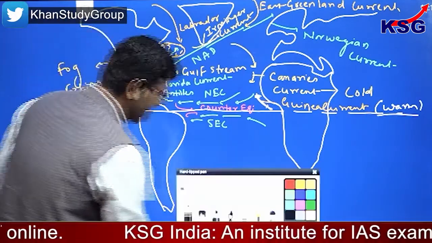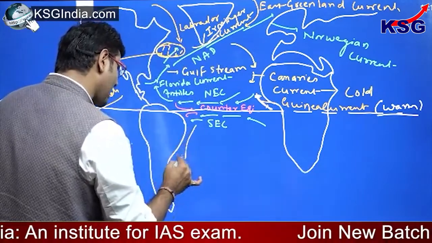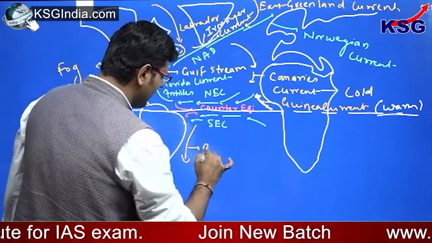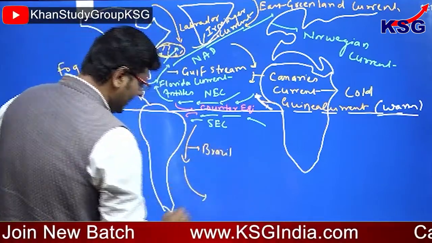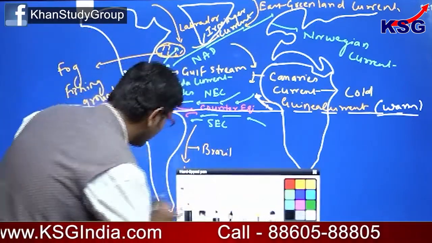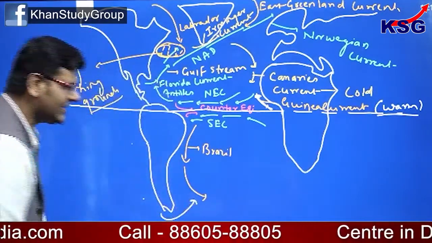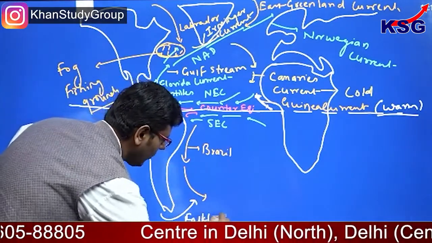Now please see what is happening below. The south equatorial current takes a southward march, called the Brazil current, and takes a round shape here. It is joined by a cold current coming from beneath, the Falkland cold current.